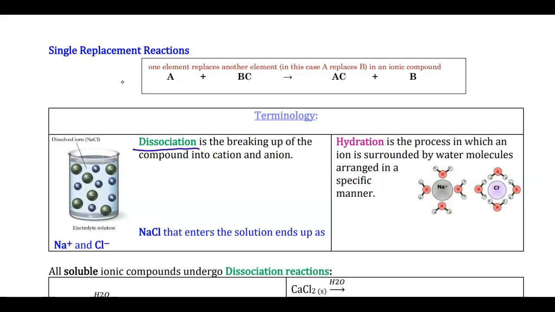Molecules of water are very polar. That's why they are breaking down the compound into small pieces, like predator fishes, right? This process is called hydration, in which an ion is surrounded by water molecules arranged in a specific manner.